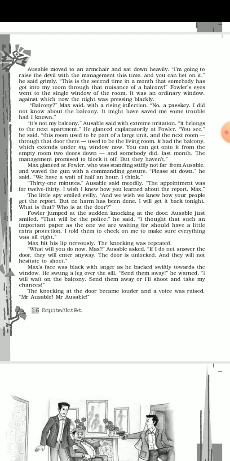So Max was quite surprised on knowing the presence of a balcony, and further Ozable feeling irritated, he explains to Fowler that he has reported it several times to the management of this hotel to de-link that balcony from his room.